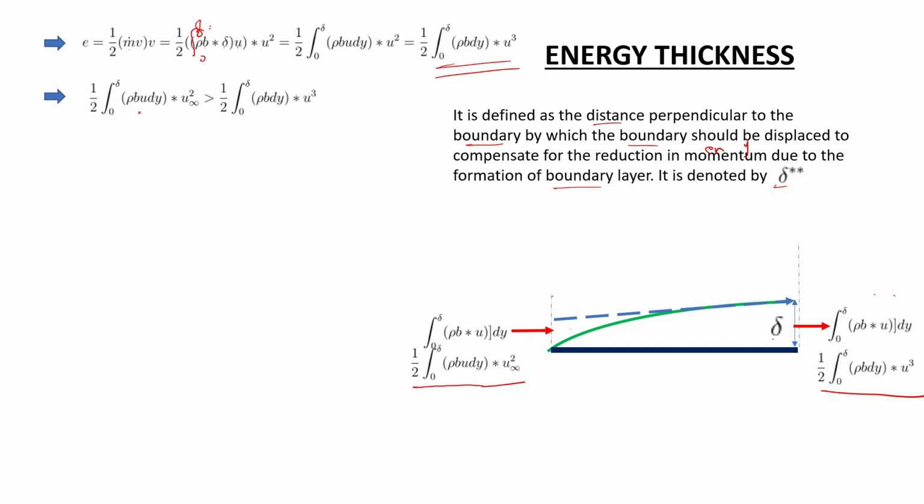And you know that the energy at section 1 is greater than the energy at section 2. So half rho b u dy into u infinity square is greater than half into rho b dy into u cube.